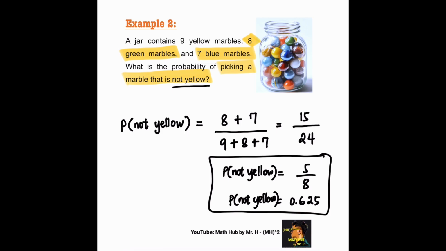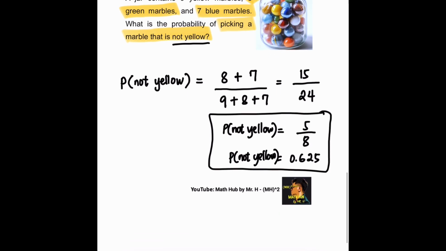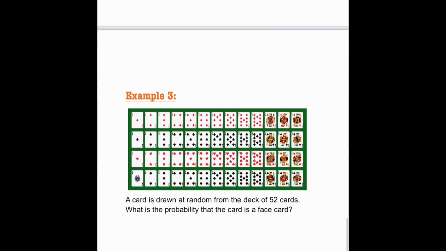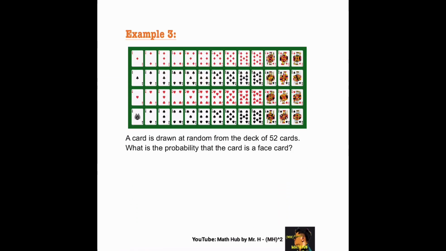And on to our last example. I attached here a photo of a complete set of cards, a deck of cards. For question number 3, a card is drawn at random from the deck of 52 cards. What is the probability that the card is a face card?